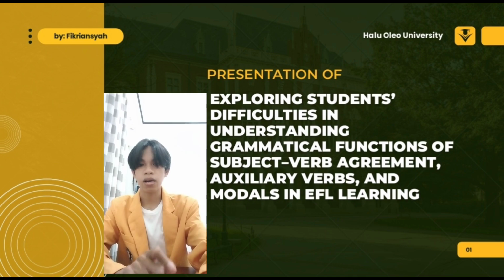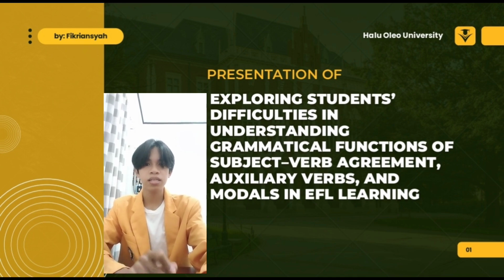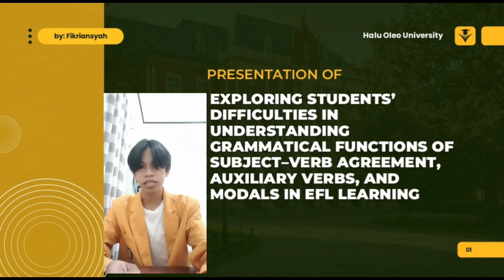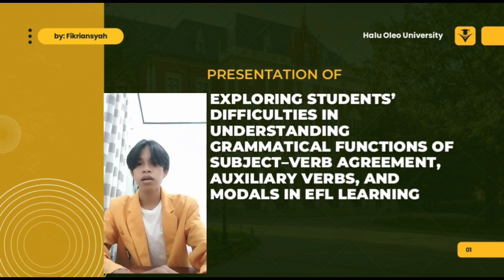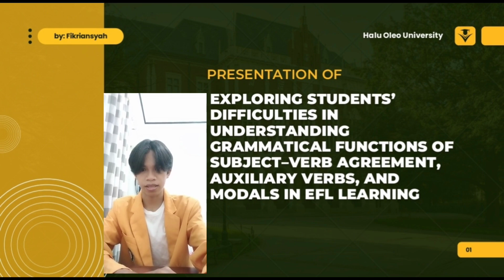These findings are expected to answer the second research question by explaining that students' difficulties emerge from the interaction between learning conditions and instructional support in the EFL classroom context.